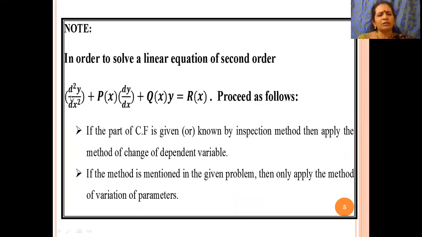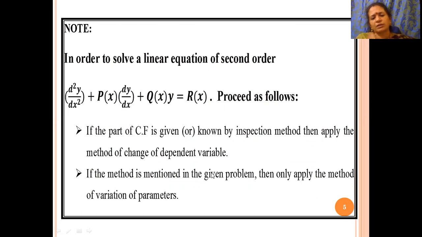Now, there is a note. In order to solve the linear equation of second order, d square y by dx square plus p into dy by dx plus q into y is equal to r, proceed as follows. We have to follow these two conditions. If the part of the complementary function CF is given, then I can take that directly. Otherwise, it is known by the inspection method, as we saw in the last session.